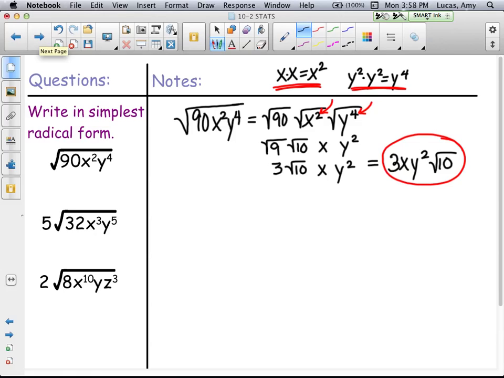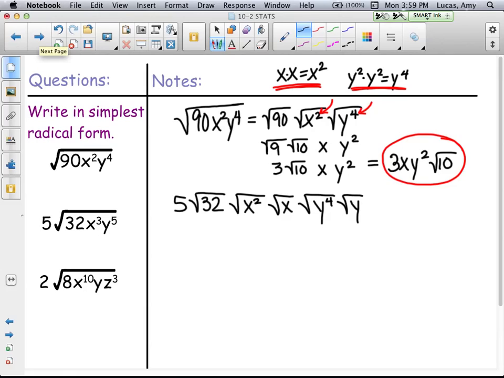Now, on this next one, you may notice that we've got some odd exponents. So what I'm going to do is, I'm going to go with an even exponent and then take that odd one out and leave it on its own. And with the y's, the same thing. 4 of them would be even, and then that 5th one is odd, so that one's going to be out.